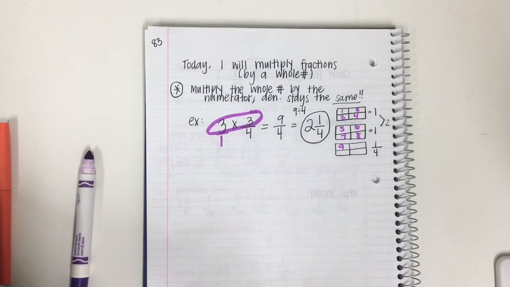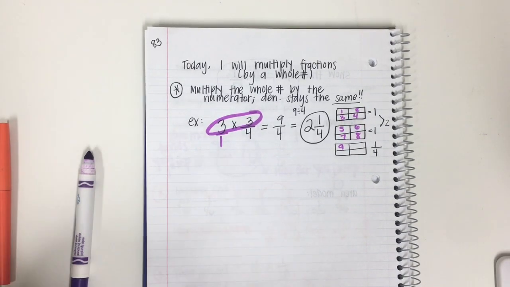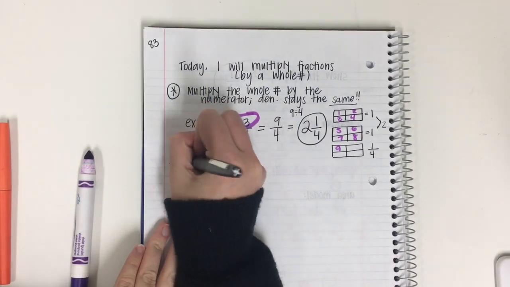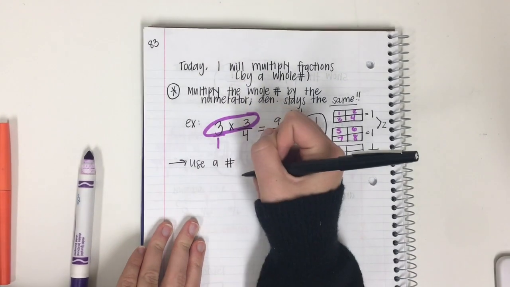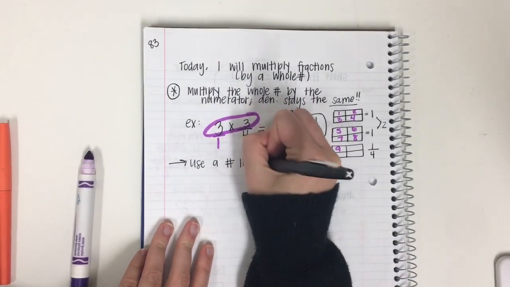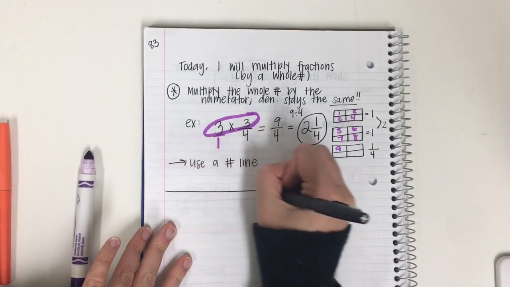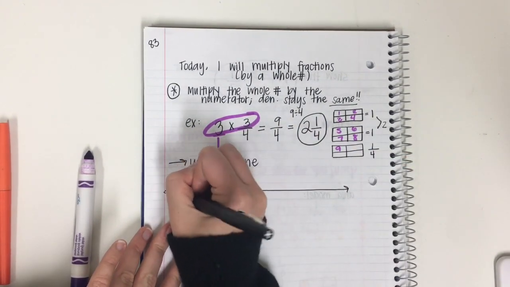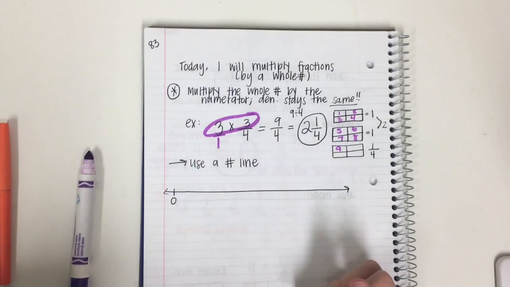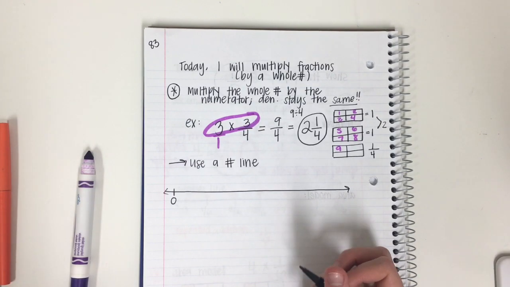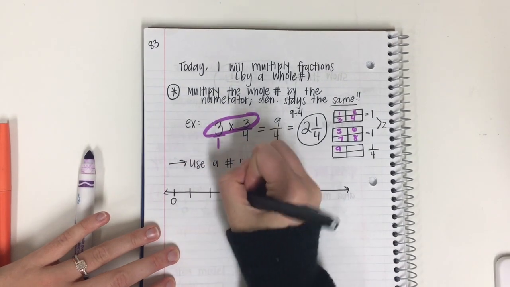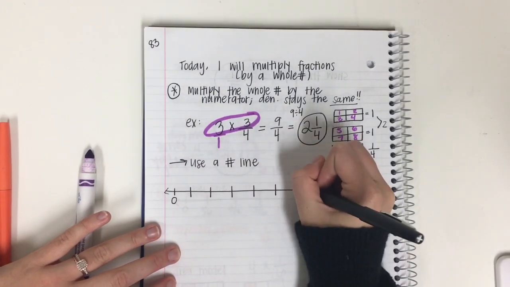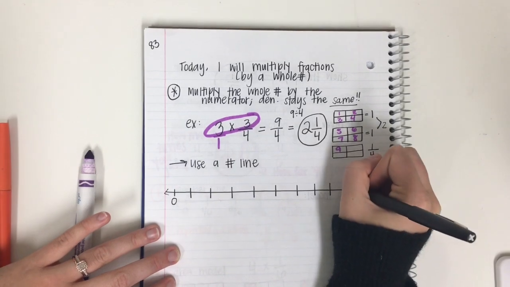So let's see how we could represent it using a number line and an area model like we did yesterday. So we can use a number line. So draw your number line out. Place your 0. Okay, then we got to think about how many do we have? Well, we're doing it into fourths, but we have 9. So we need 1, 2, 3, 4, 5, 6, 7, 8, 9.